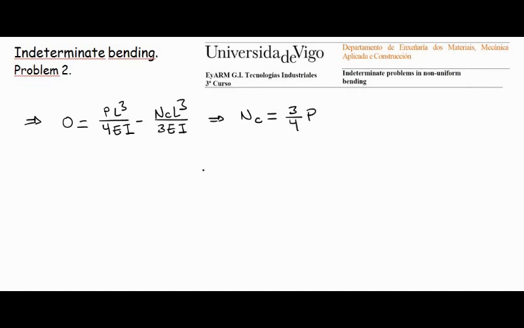Okay, now once we have the value of the axial force in the horizontal part of the structure, we can calculate the slope of B taking into account the vertical part of the structure, that is AB, with the force, the vertical force P divided by 2, N sub C, and this moment PL divided by 2.